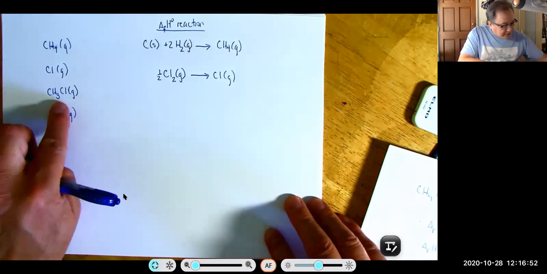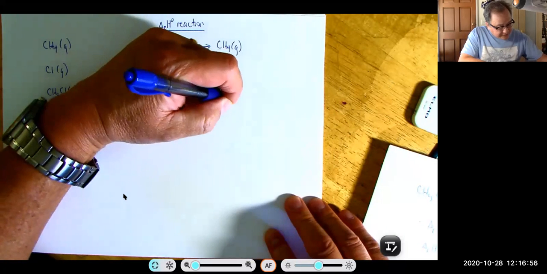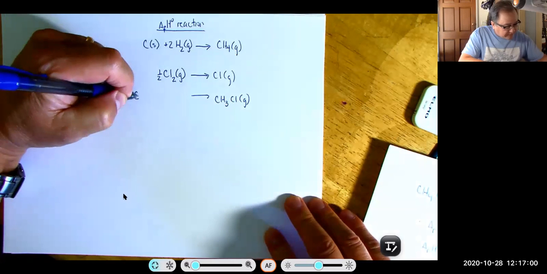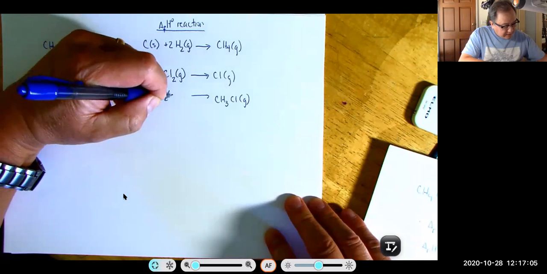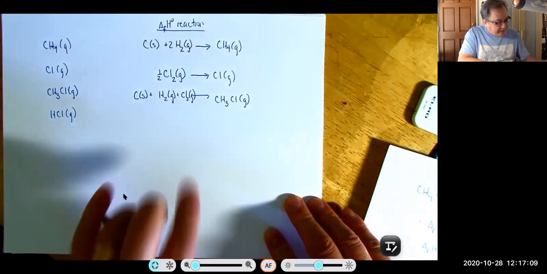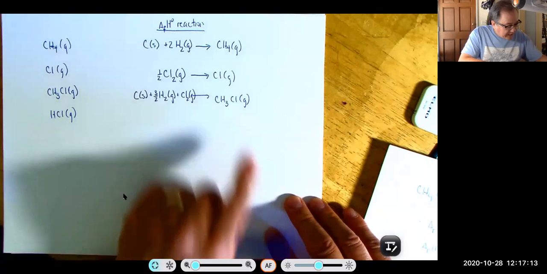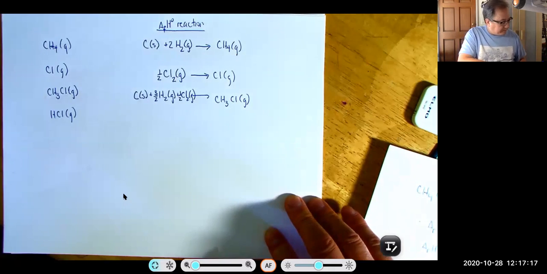In this reaction, we put CH3Cl gas. There are 3 elements: carbon, which is a solid, hydrogen, which is a Hanckelbrief, and chlorine, which is a Hanckelbrief. To balance it, I put a 3/2 in front of hydrogen, so I get 3 hydrogens, and a 1/2 in front of chlorine, so I get 1 chlorine.